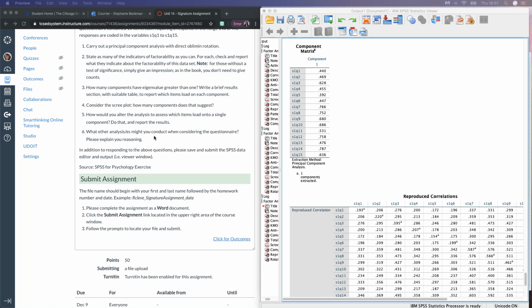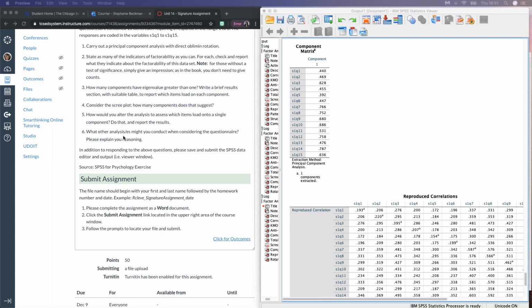Considering it says analysis or analyses, you could probably get away with just one, but you might put in a couple extras to be safe. I listed three that I suggested, so I'll mention those here in case you want to look them up and understand them a little bit more.